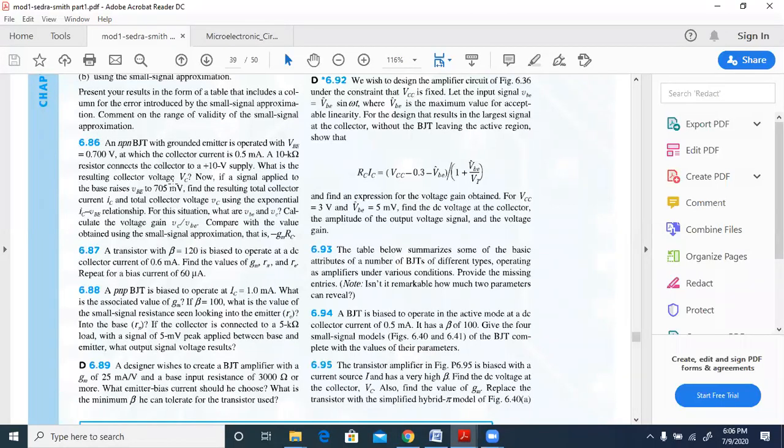vi will be the signal amplitude, which is 705 minus 700 millivolts.